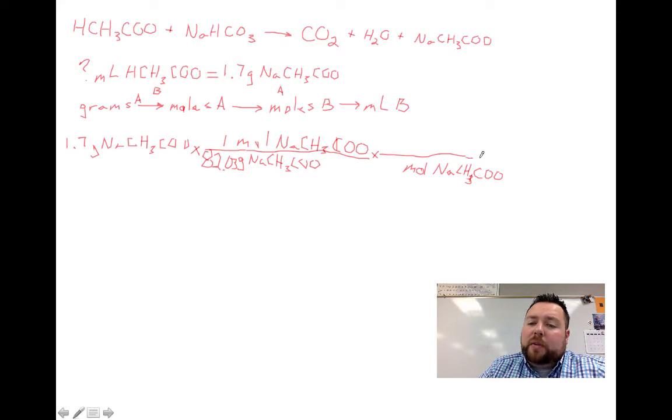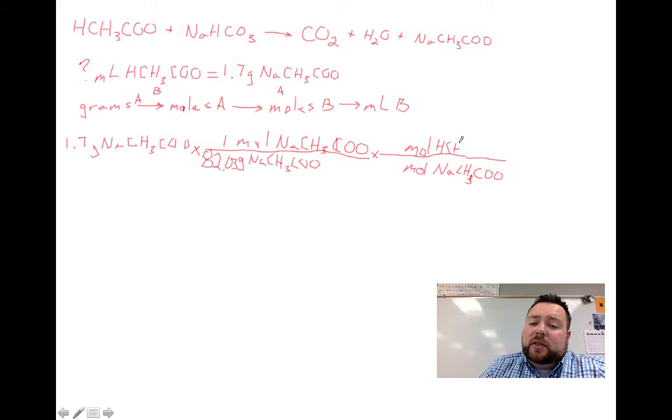And I want to put the moles that I want to get to on top. So in this case, the moles that I want to convert into is the acetic acid. So I'm going to write the formula for acetic acid up here.